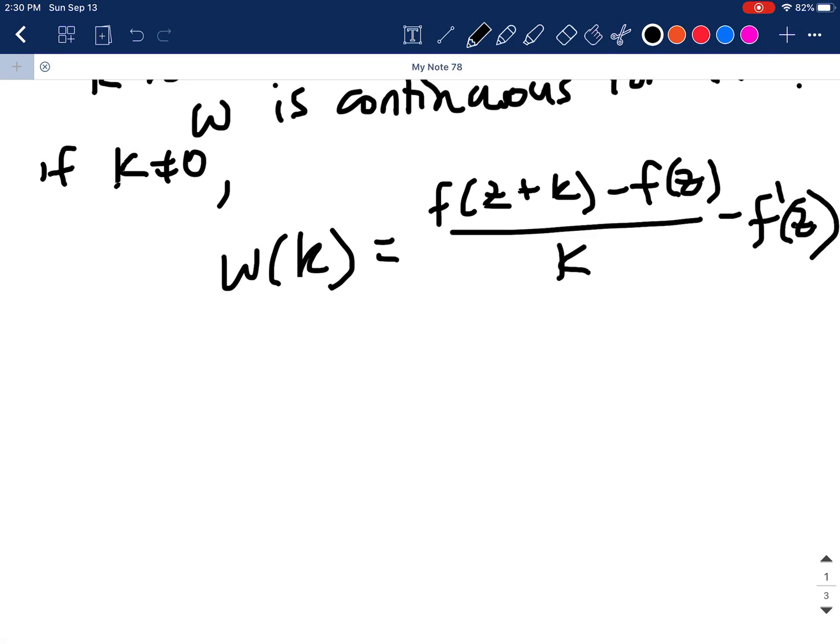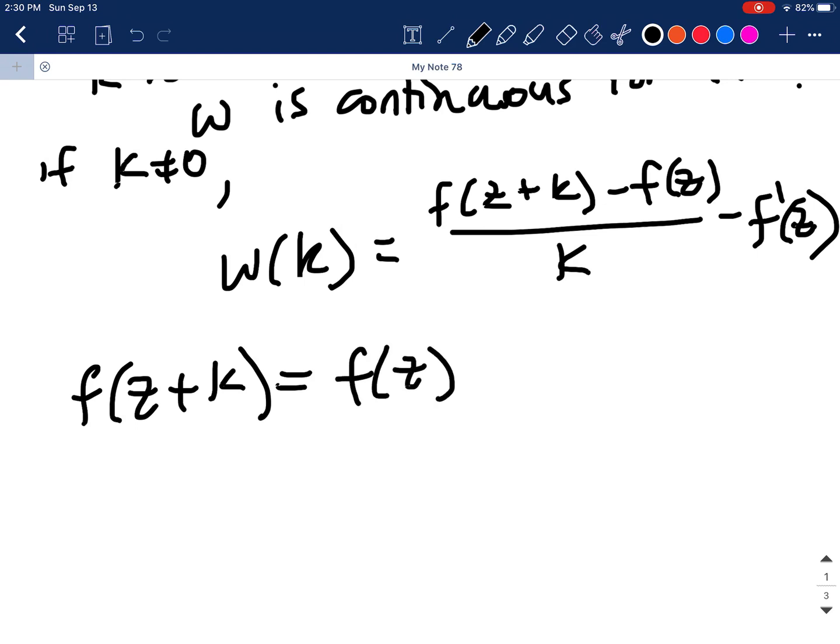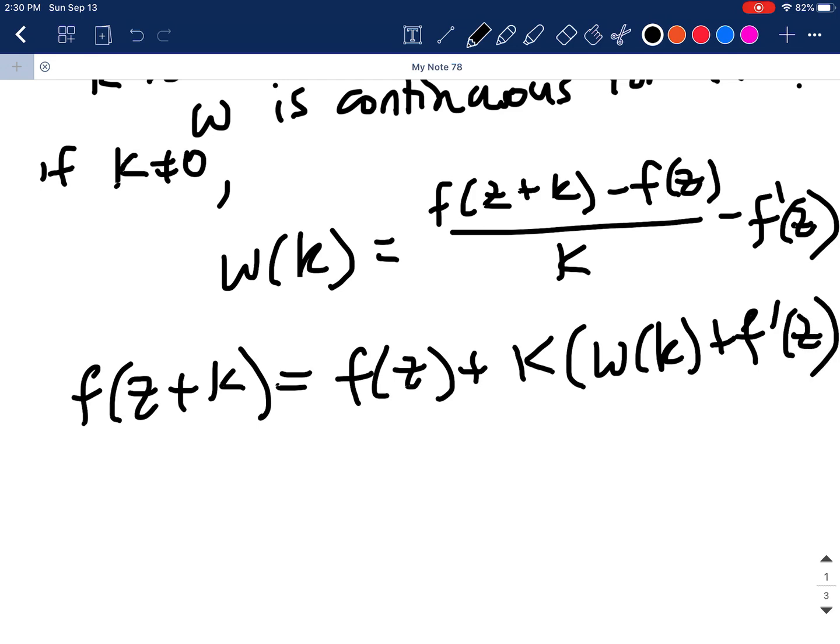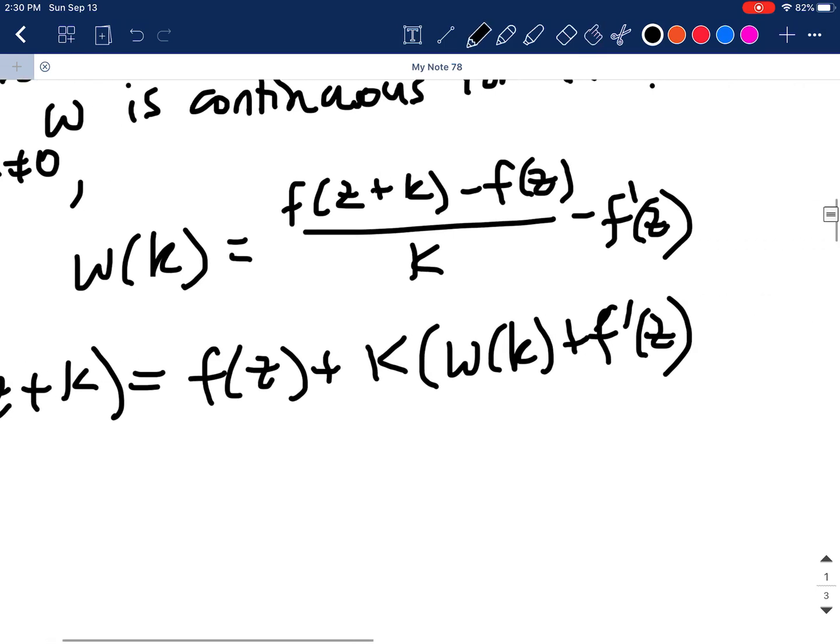And then we can resolve this in the same exact way for f of z plus k. What we're going to end up with is f of z plus k equals w of k times k plus f prime of z times k. Okay, and that's going to be equation 3, that f of z plus k expression. I think I need to add a parenthesis here.